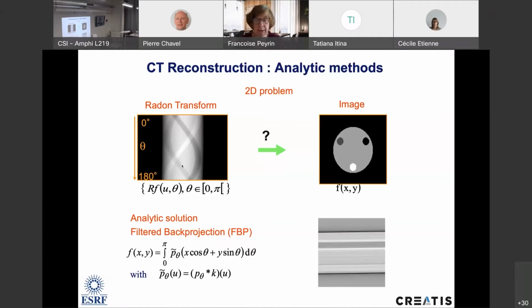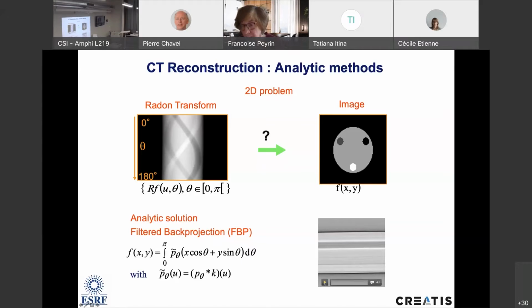Finally, we get to the solution which has been most used for years and that is still used, which is the filtered back projection algorithm. You can show that your image is the superposition of the back projection of the filtered projection. So it's basically a two-step algorithm, and it is very fast and allows you to recover your image using this simple formula.